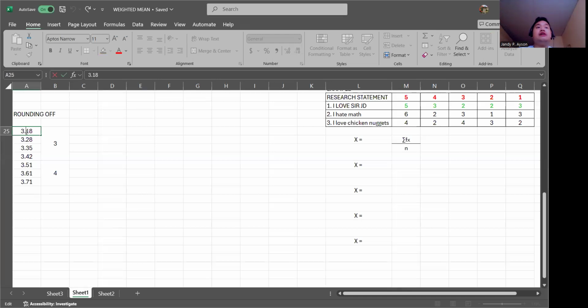So which is, katabi ng decimal point natin, which is 1. So if the value is less than 5, meaning 1, 2, 3, 4, we have to round down or retain kung ano man yung value na nasa unahan. Okay, round down. So 3.18, 3, 3.28, 3, 3.35, 3, 3.42, 3. Kasi ang titingnan lang natin is the tenths place.